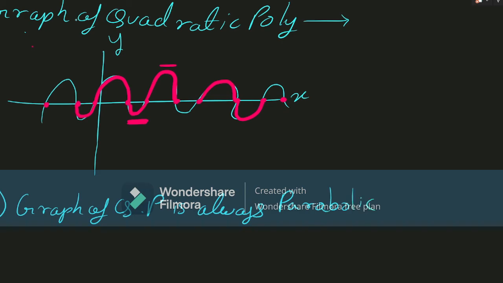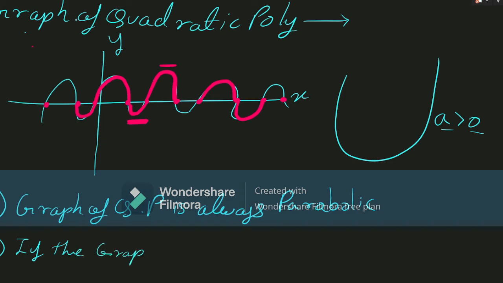Second is if it opens upwards. If it opens upwards, what does it mean? Upwards means like this. If the graph is like this, then the value of a is greater than 0. Let me write this. If the graph opens upwards, a is greater than 0.